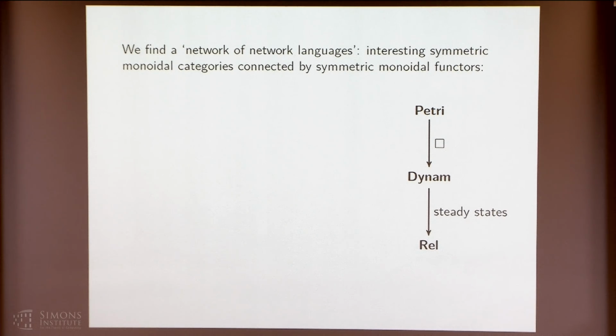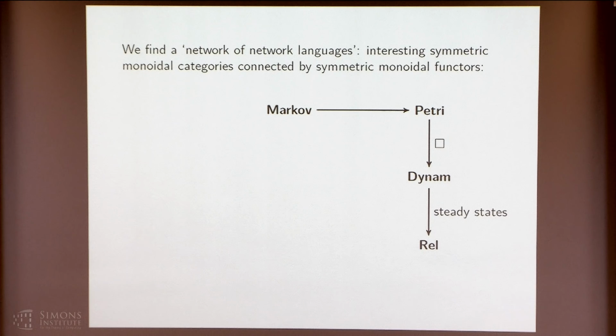So you get a relation from a Petri net that describes the steady state solutions. That's a further simplification of the description of what a Petri net is doing, only good if you're interested in time-independent solutions. So that's a further symmetric monoidal functor that Blake and I have worked out.